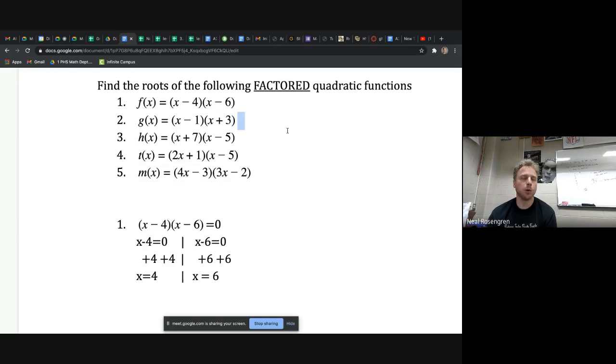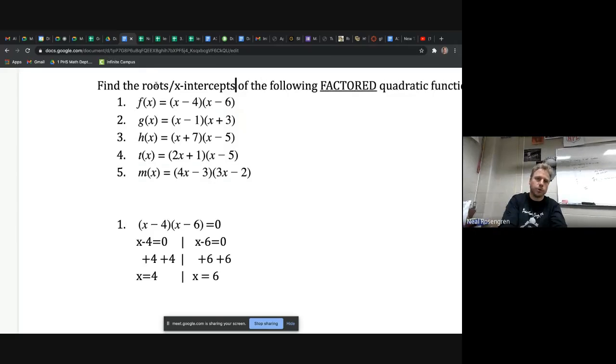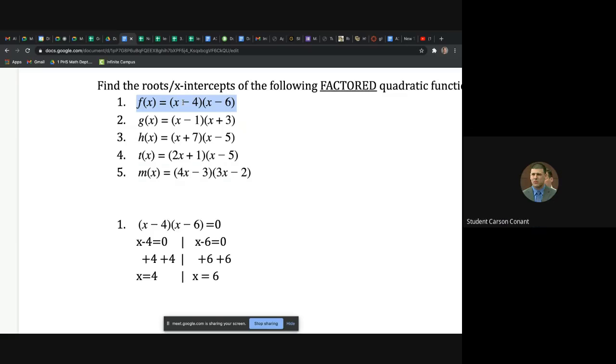But really what we're doing is we're finding the x-intercepts. Factored form, finding x-intercepts. Got it. Right, which we can call the roots as well. So call them the roots, call them the x-intercepts. It means the same thing. But when it's written like this with these parentheses next to each other, it's called factored. Perfect, that makes perfect sense.